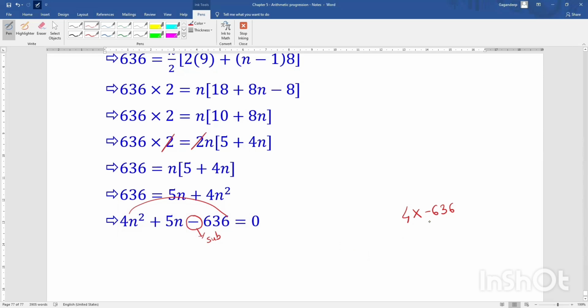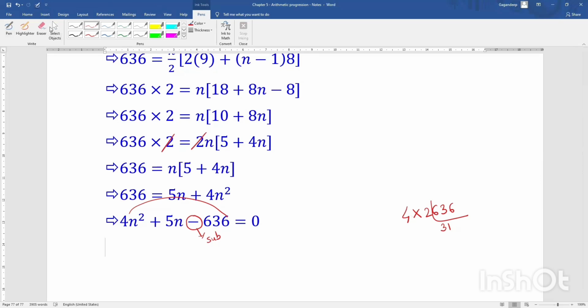For that reason, first I'm going to factorize 636. Two ones are 2, two threes are 6, and then 2 1 2.